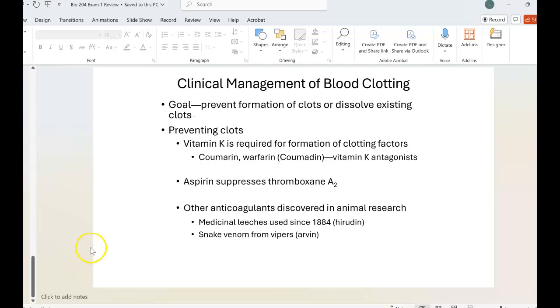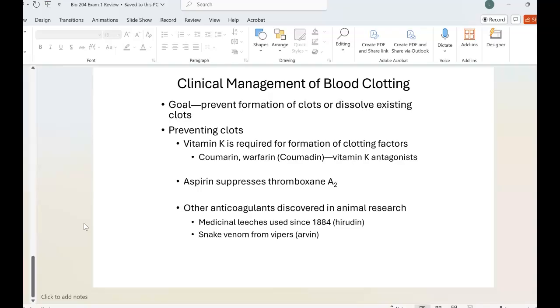And finally, if people are forming these clots, we may have to intervene with some medicines. So for example, we talked about Coumadin. These are vitamin K antagonists because vitamin K is going to be required for these clotting factors. So that's going to help that cascade not happen.